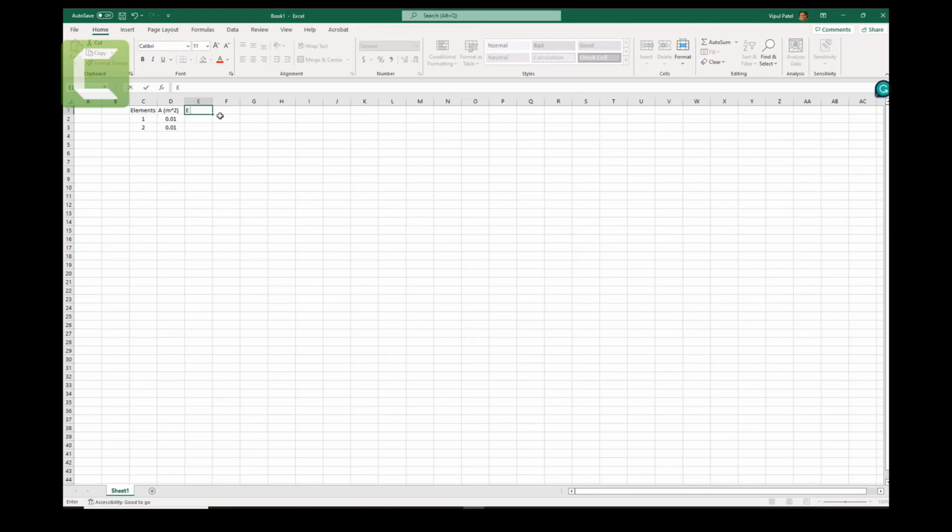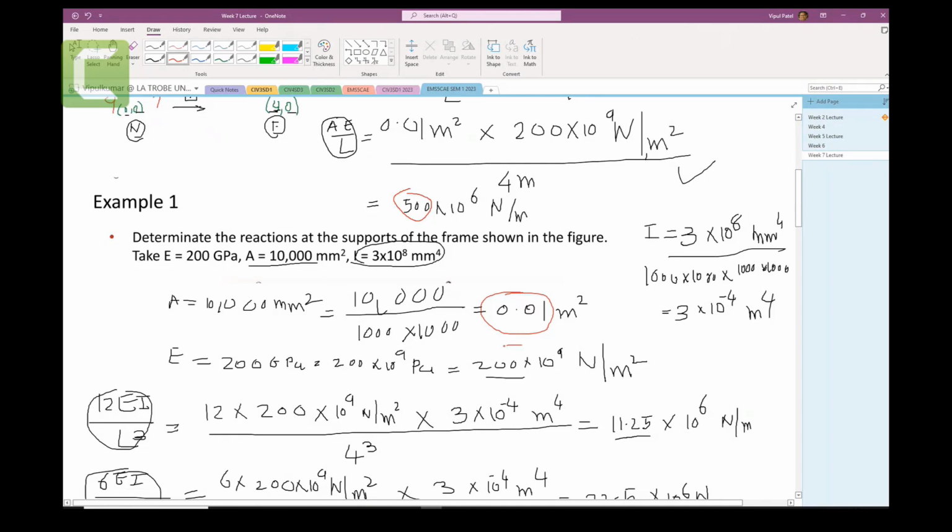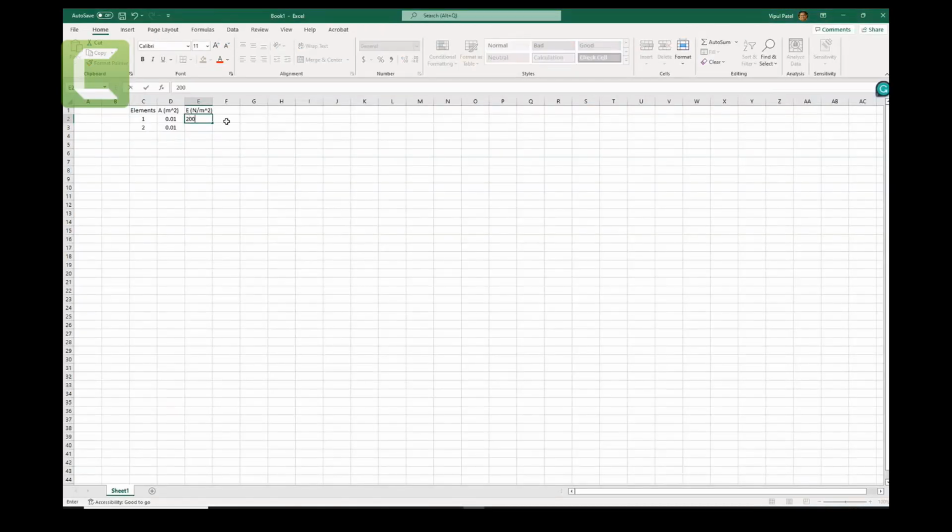Young modulus in Newton per meter squared, and we also got the Young modulus 200 times 10 to the power 9. You can just scroll it down.